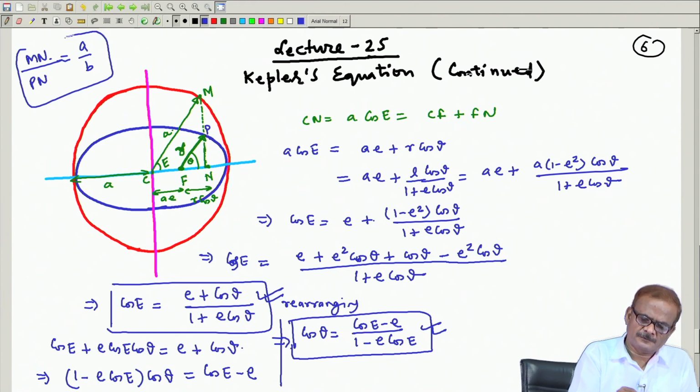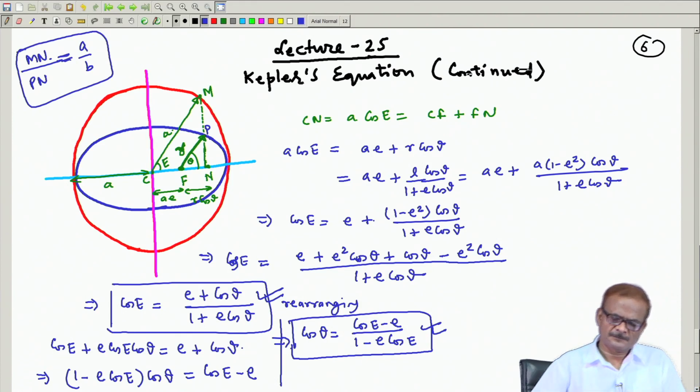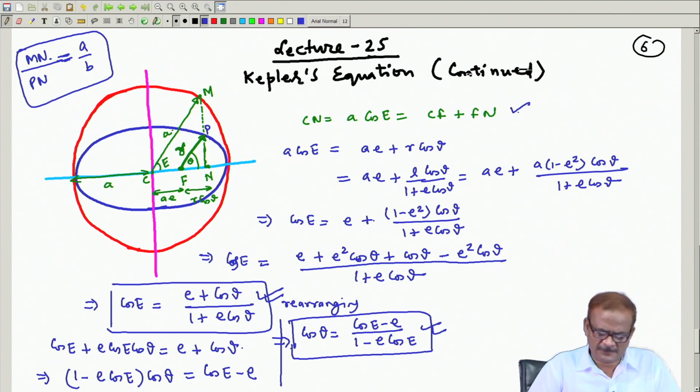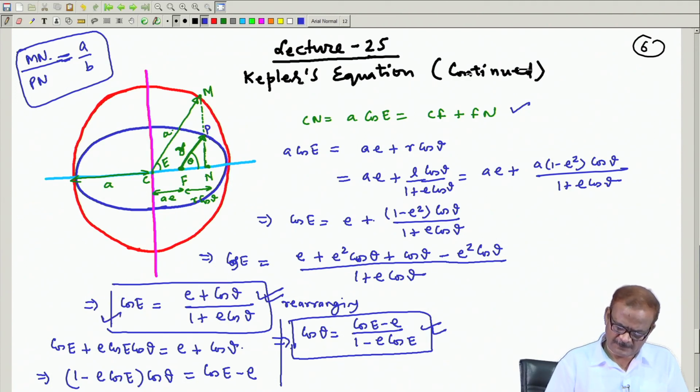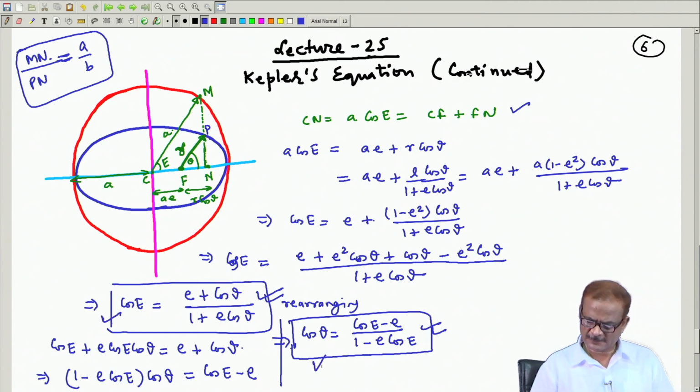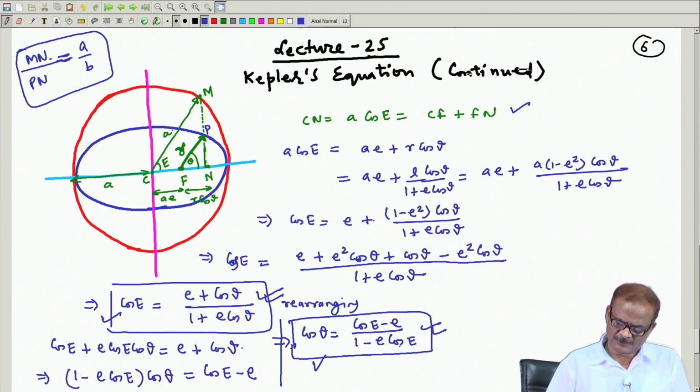Based on that we worked out all the relations, but here also you can proceed in this way. It is a little longer, but you get the same result. So, we have got cos E and cos theta, and therefore sin theta and sin E can also be computed using these two relations.